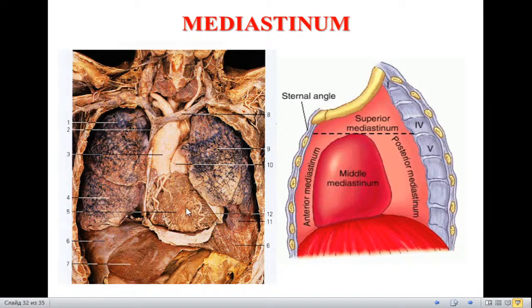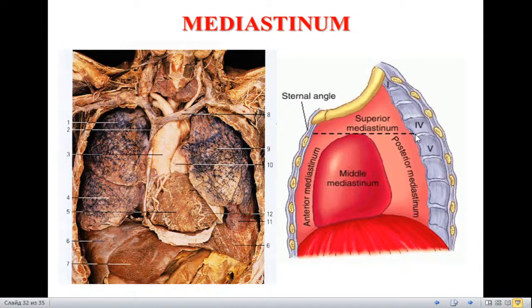According to the classification, there are superior mediastinum and inferior mediastinum. The border between them is an imaginary horizontal line passing through the angle of the sternum to the intervertebral disc approximately between the 4th and 5th thoracic vertebrae.